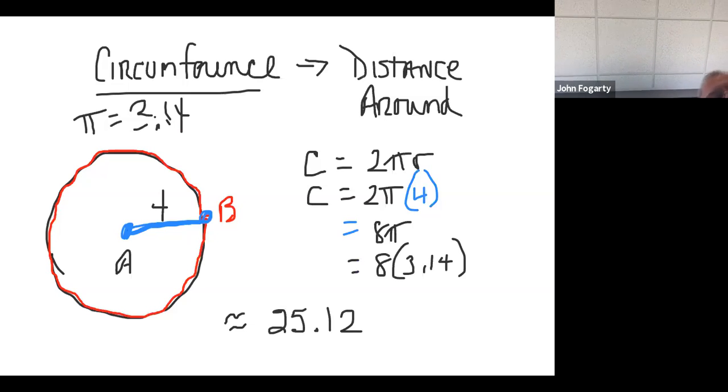That's an approximation, right? And it would be inches, right? So if you started here and walked all the way around and got back there, you would have walked 25 inches. How's that for you?